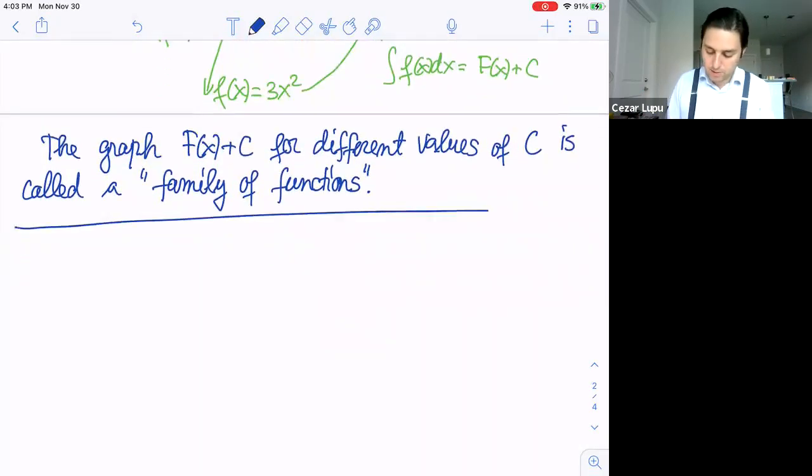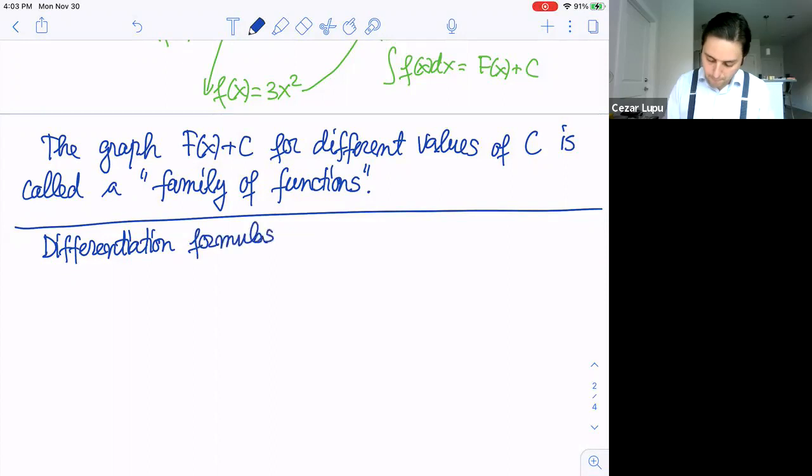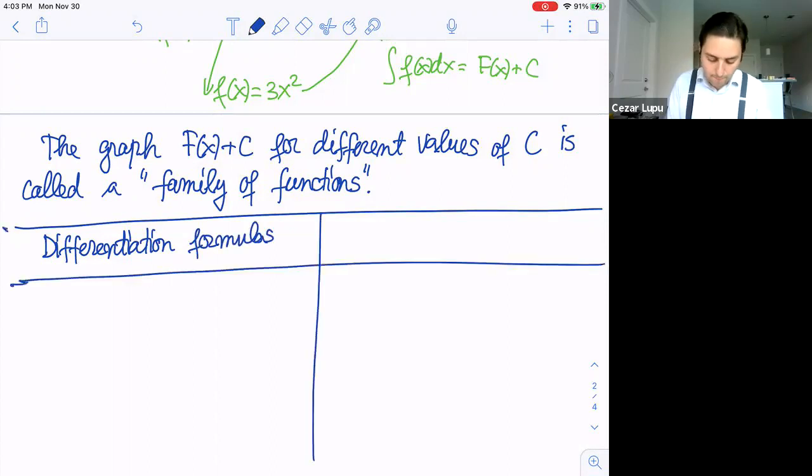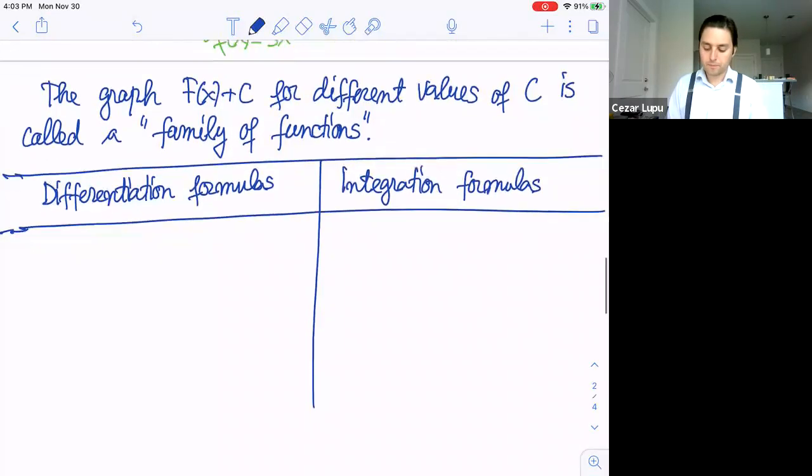So let me mention here, differentiation formulas. Okay. And here we will mention integration formulas.